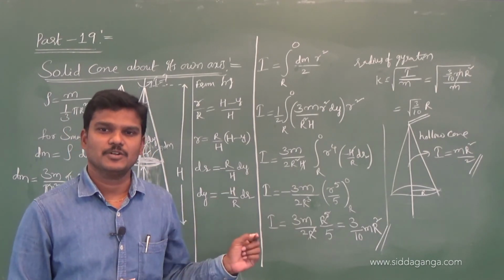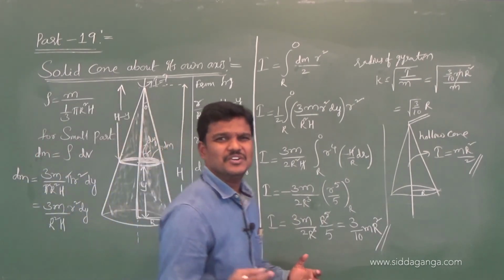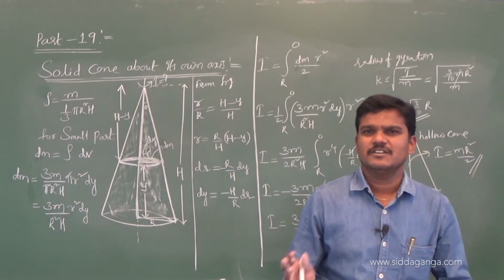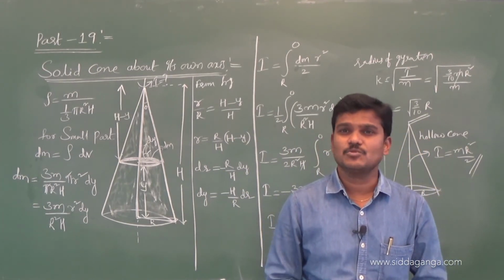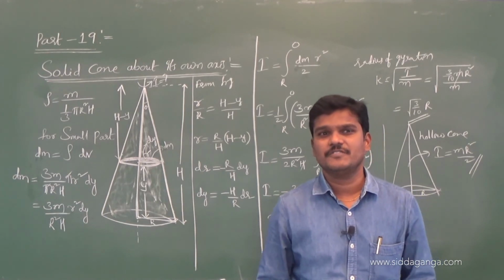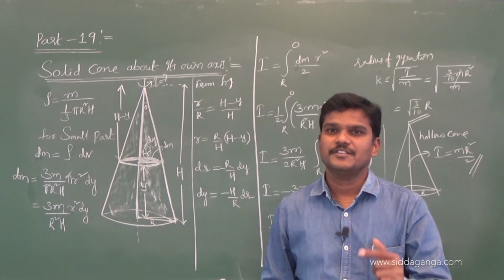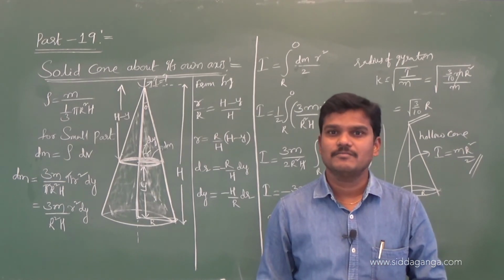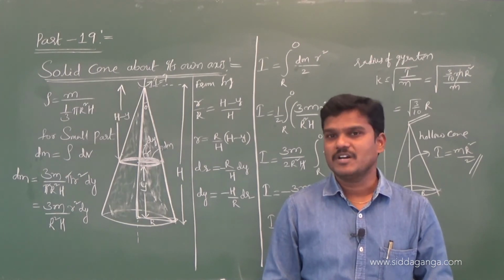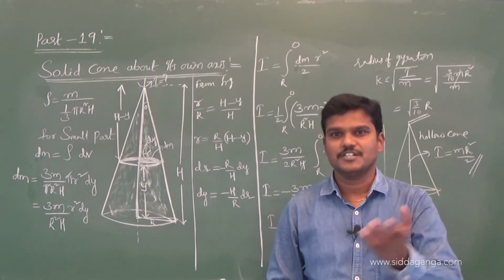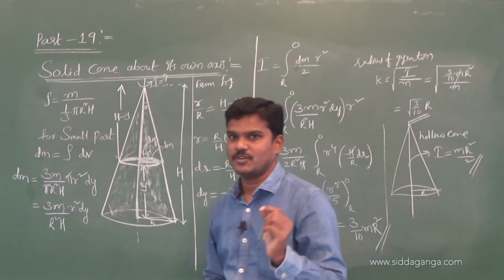If you remember the formula, suppose the given mass of a solid cone is 5 kg and the radius of the solid cone is 2 meter, and they ask you to find the moment of inertia of the solid cone about its own axis, if you know the formula, then you will get the answer in a matter of seconds: 3 by 10 m r square. If m is 5 kg and r is 2, you will get the direct answer. Better you practice all the formulas.